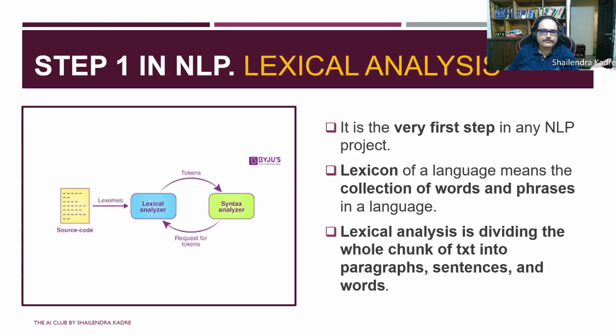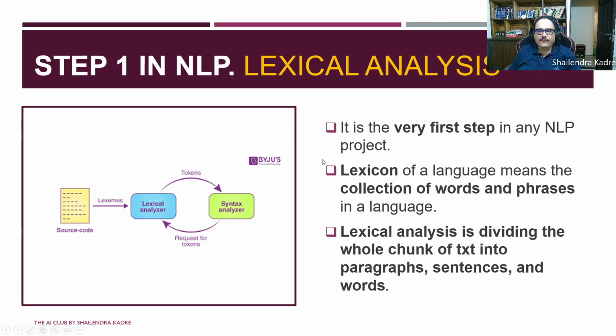So, one more view of lexical analysis and syntax. Now we are getting into lexical analysis and syntactic analysis, and I'll tell you what it is. As you can see, it's a cycle. In lexical analysis, we prepare tokens and give them to the syntax analyzer, and then it sends a request for tokens to the lexical analysis.